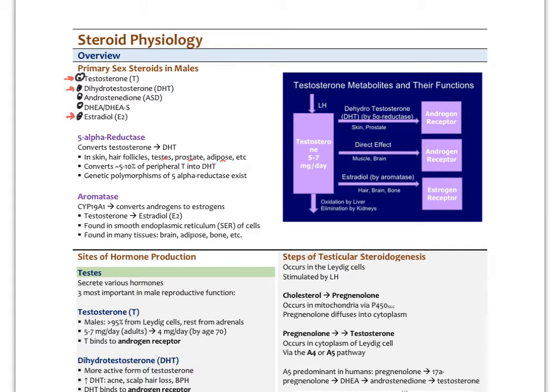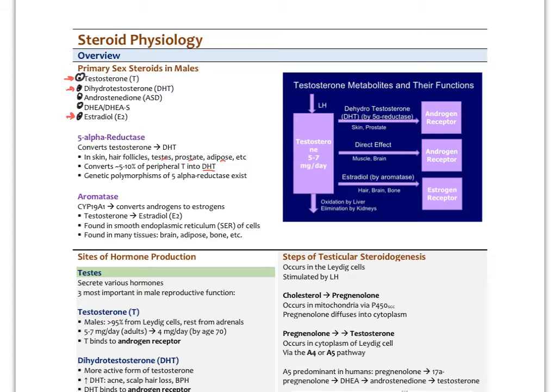It converts about 5 to 10% of the peripheral testosterone in a male into dihydrotestosterone. There are different genetic polymorphisms of this enzyme, making it more or less active. We're not sure clinically; usually that doesn't have much of a significance. So that's one way, in addition to testosterone, we can have dihydrotestosterone working in the body.